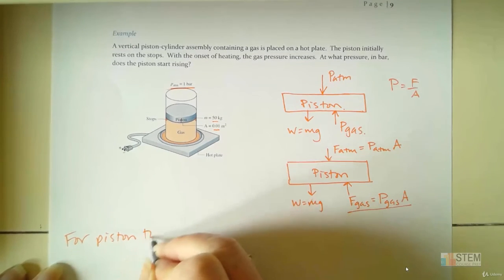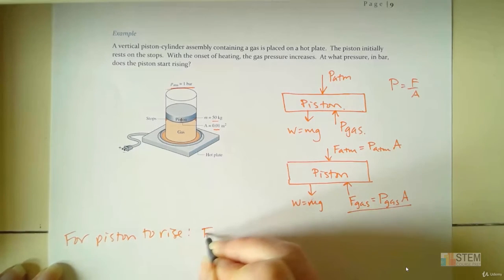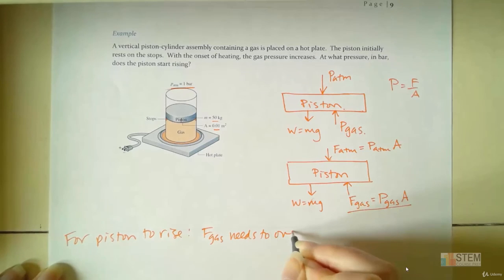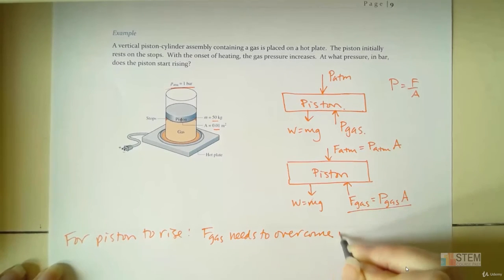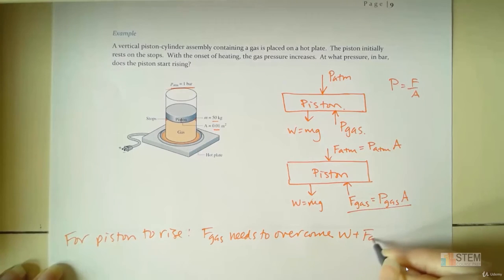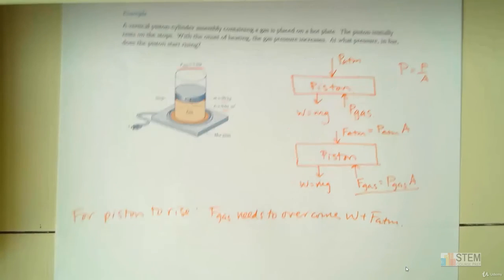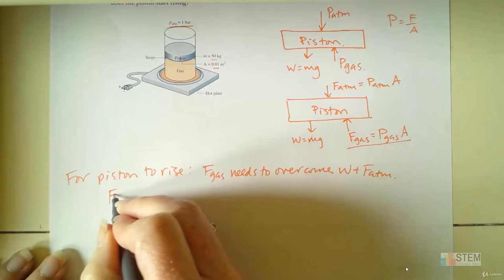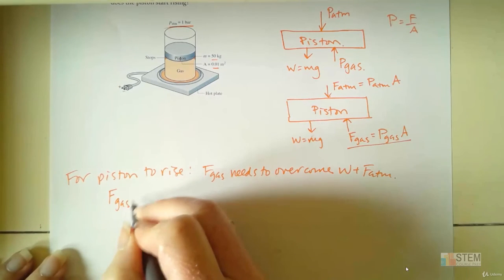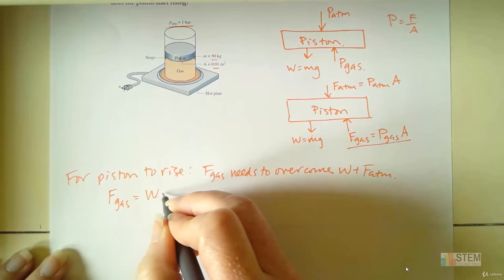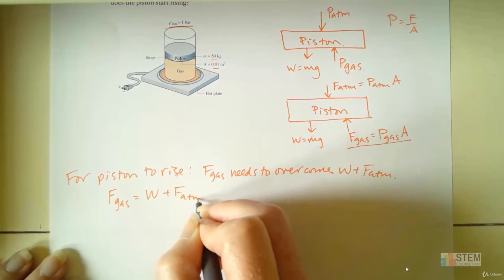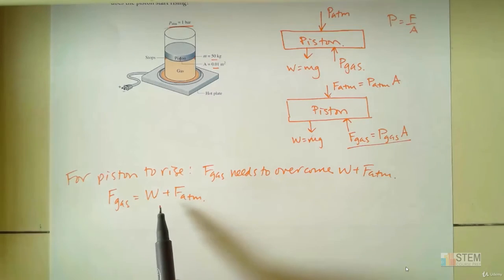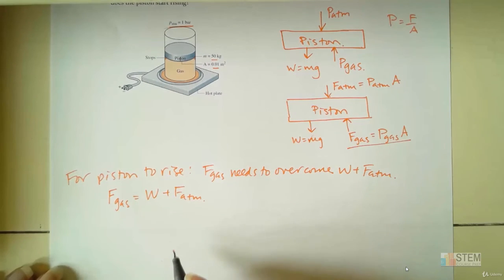For the piston to rise, the force of the gas needs to overcome the weight plus the atmospheric force. So the force of the gas has to be at least equal to the weight plus the atmospheric force. Once it's equal to this, it can start moving up.